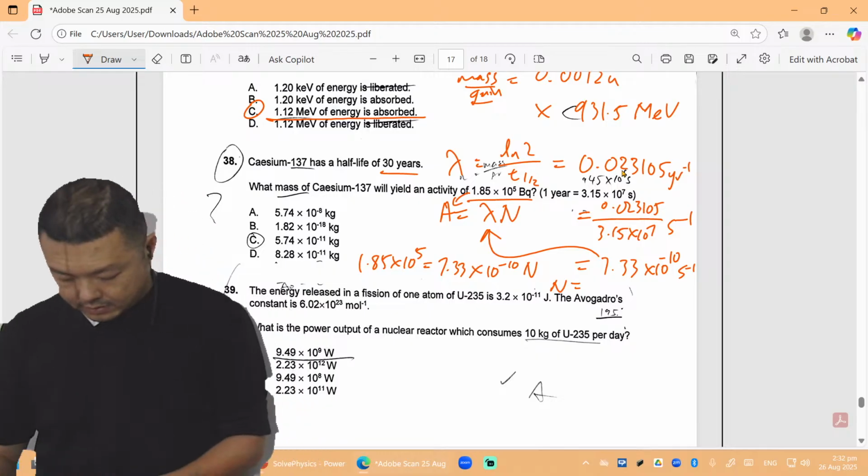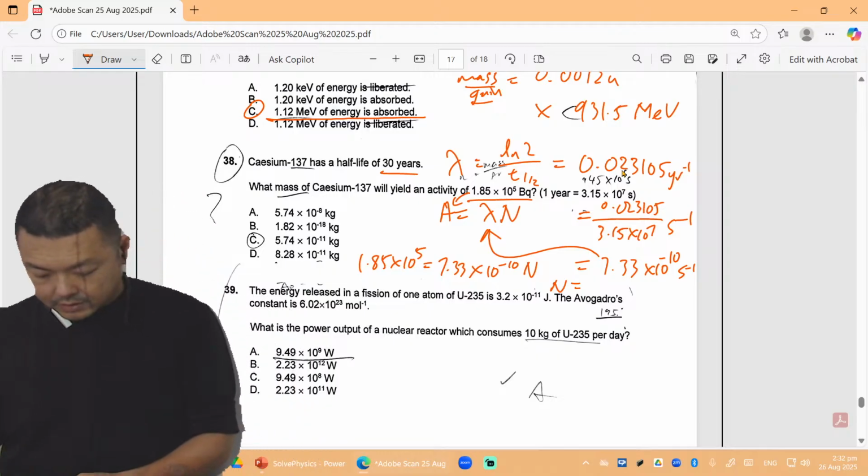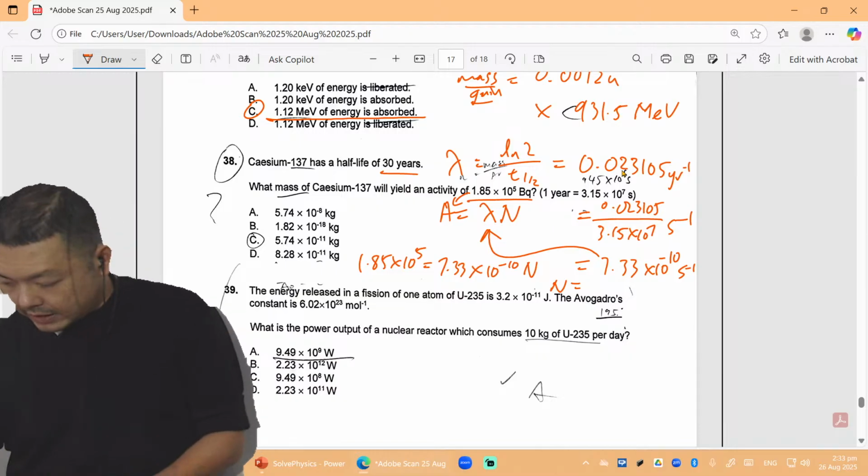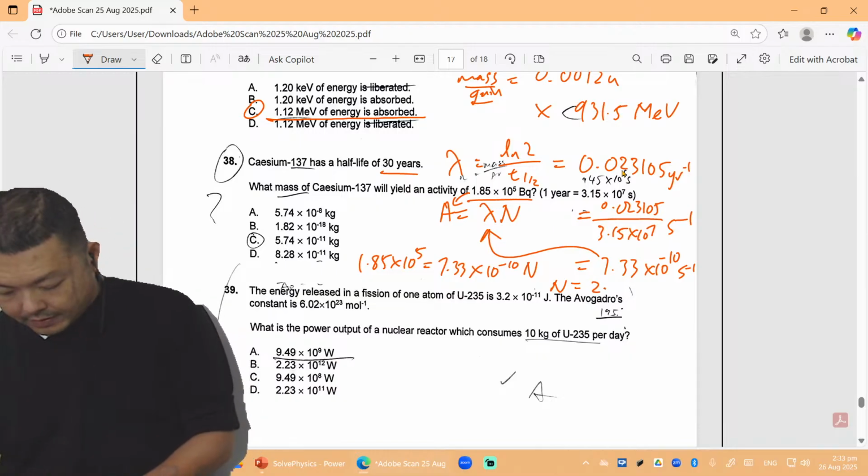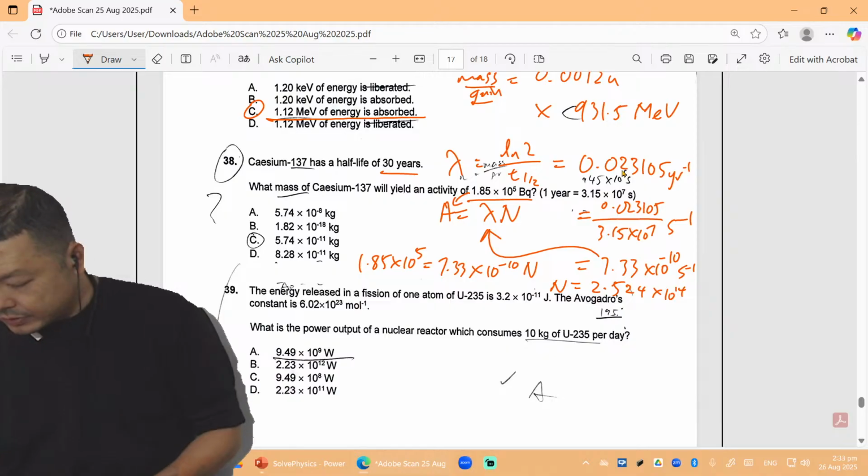Why do I have a syntax error? Do I have to put a bracket everywhere I go? So that's 2.524 times 10 to the power 14 particles, right?